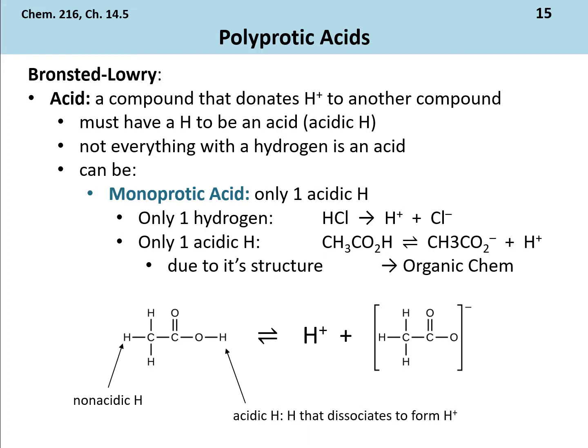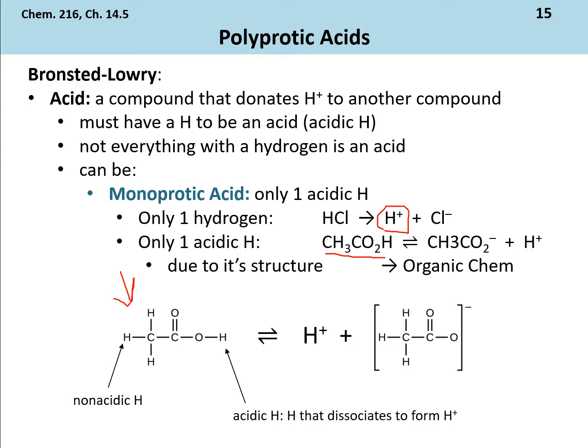So if we have a compound or an acid that only gives up one H plus, we call this a monoprotic acid. This could be because it only has one hydrogen. HCl only has one hydrogen, so it's monoprotic. Or it could be that it has multiple hydrogens, like this compound CH3CO2H, right down here.